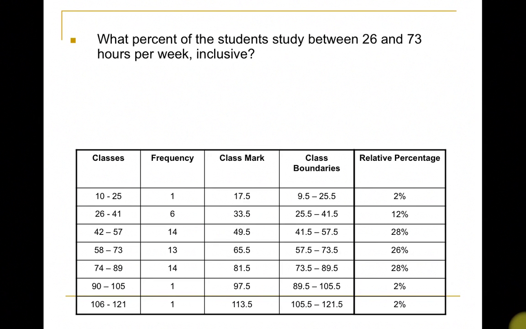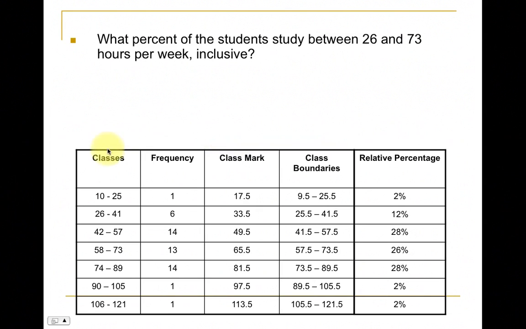If we look at this table, what percent of the students study between 26 and 73 hours per week inclusive? Well, the word inclusive there means that we're including the number 26 and 73 in our calculations. What percent of students study between 26 and 73, including 26 and 73 hours per week?